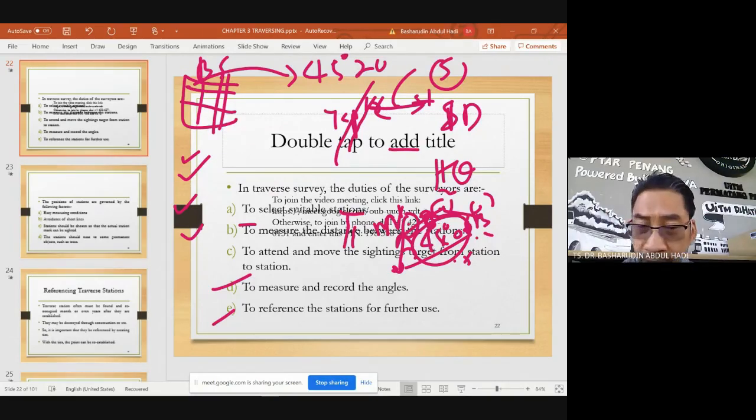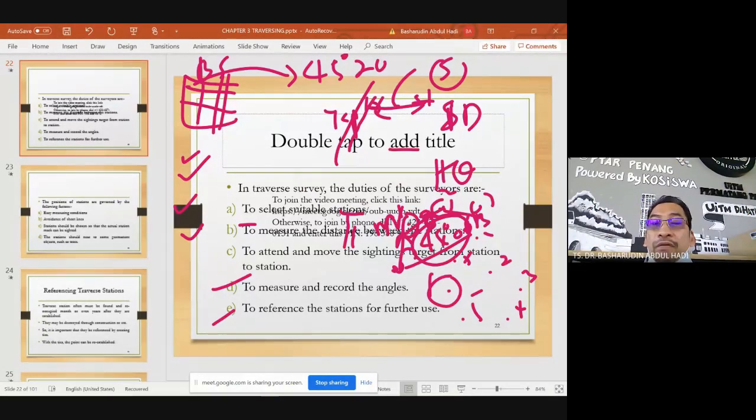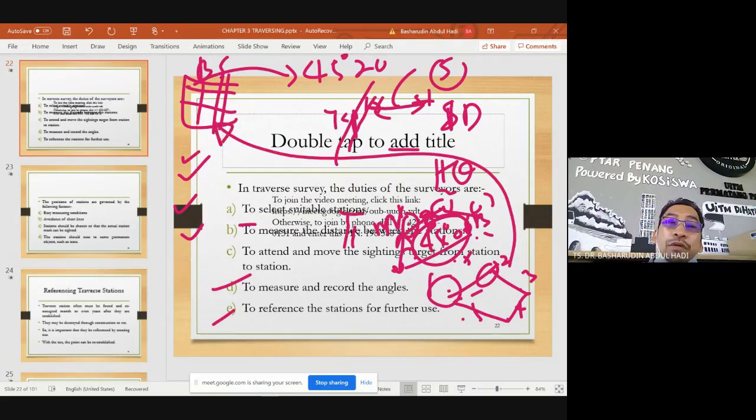To reference the station, if you have points 1, 2, 3, 4, 5, and you don't know which is station A and which is station B, you must mark it on your ground and you must record it in your sketching. For example, this one is station 1, you mark it with a peg, and this one is station number 2. You also sketch it in your record book. This one is the record book.